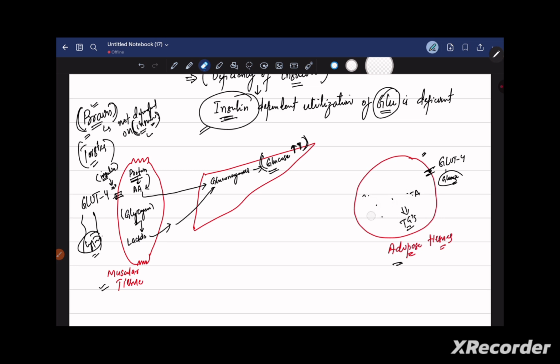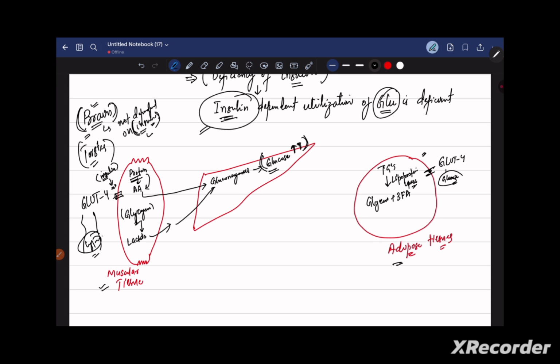But what happens when insulin is deficient? Glucose is not taken up by these adipose cells. What happens? There is lipolysis. Means these triglycerides are converted into glycerol and fatty acids in the presence of an enzyme called lipoprotein lipase.